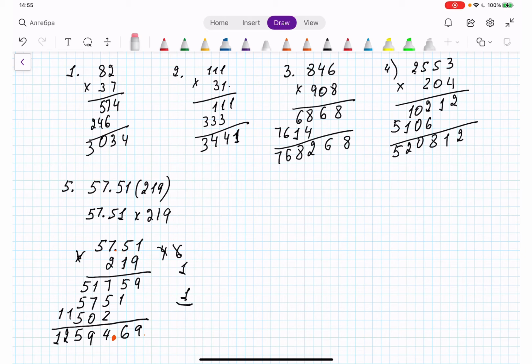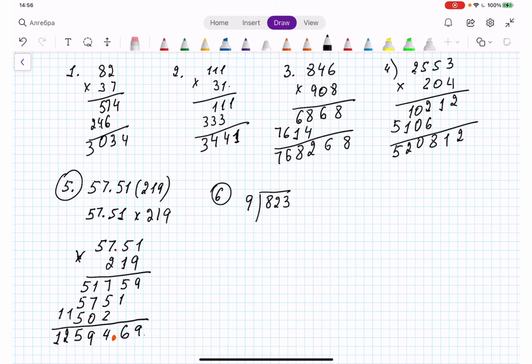Okay. Number 6. What do we have as number 6? Division. 823 we divide by 9. So let's take the first number, 8.